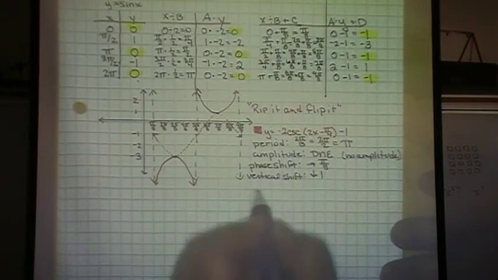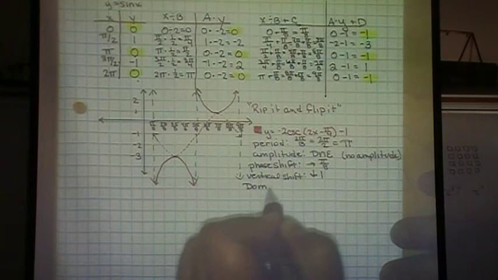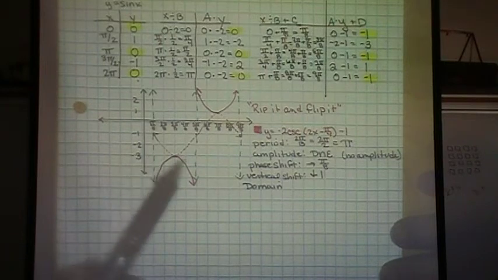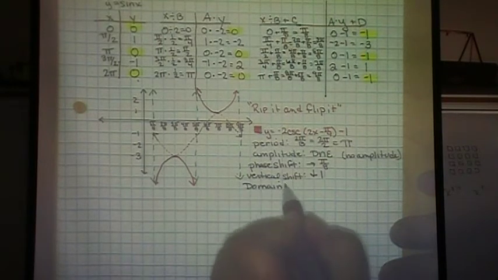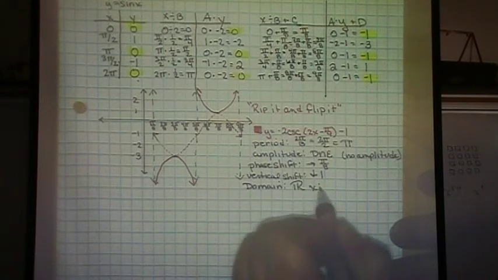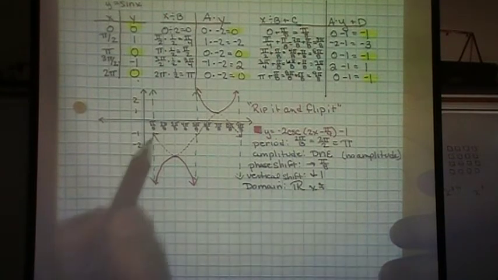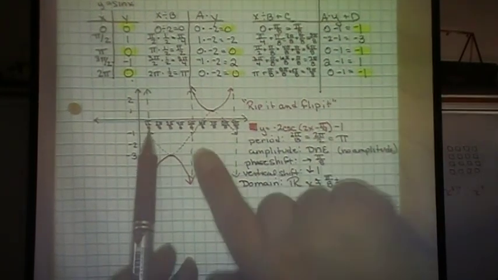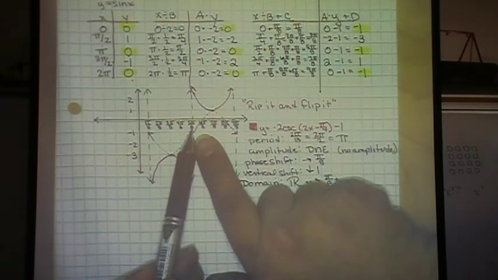Now let's talk about our domain. Our domain is similar to tangent in the fact it's all real numbers, but we have to take out our asymptotes. So it's all real numbers. X cannot be, and you start with the first one, which is pi over 8, plus or minus, how far apart is pi over 8 from 5 pi over 8?